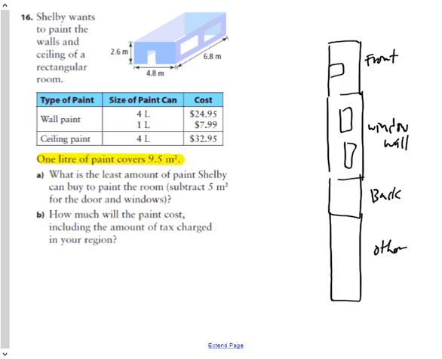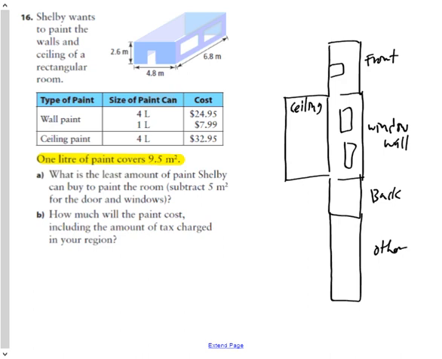Our net's weird looking because it doesn't have a ceiling attached to it. And actually we can attach the ceiling right here. We'll even call this the ceiling. It doesn't have a floor because you're not going to paint a floor. That would be ridiculous.